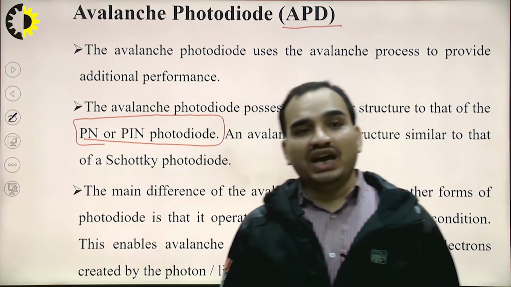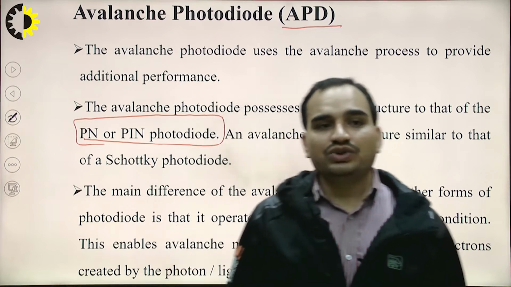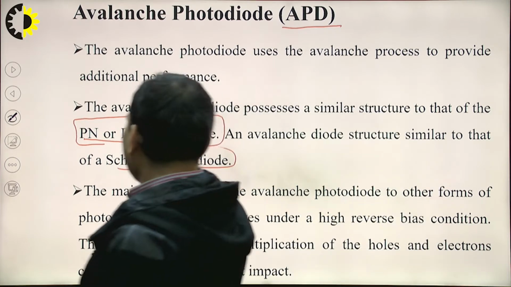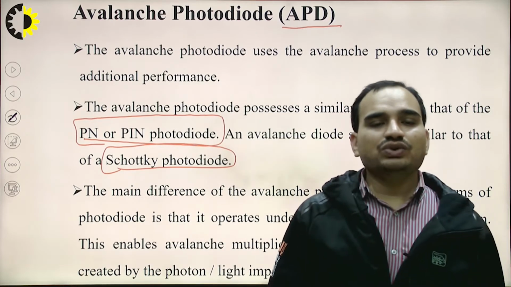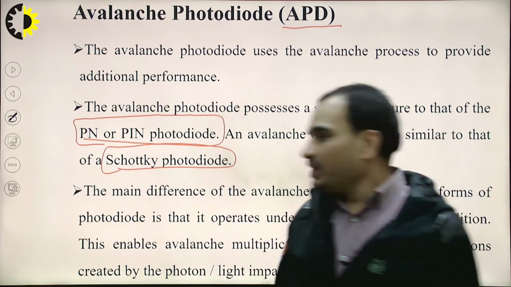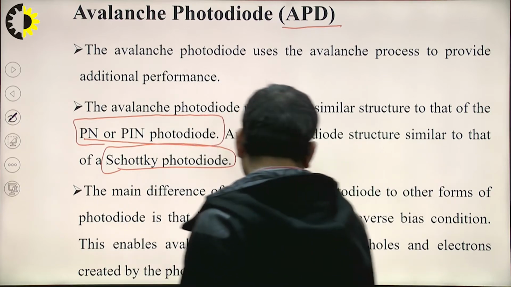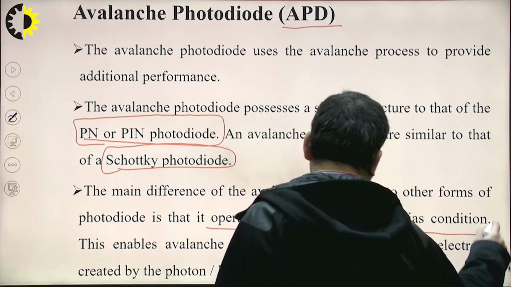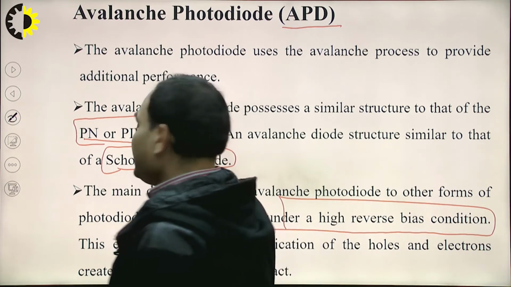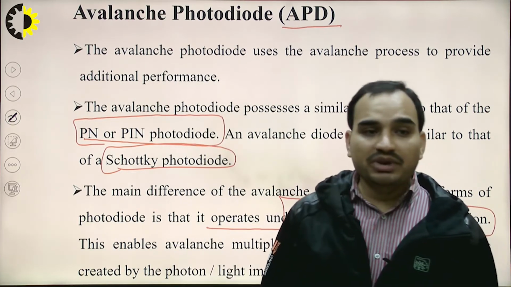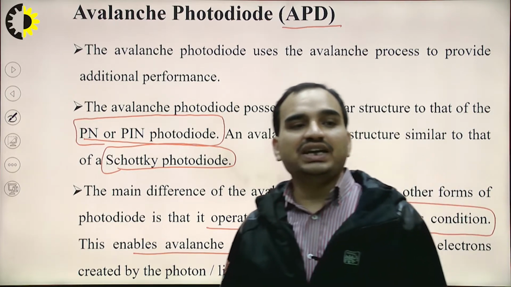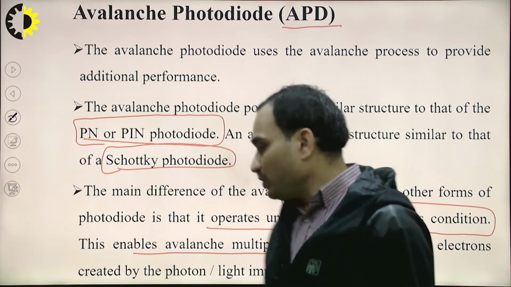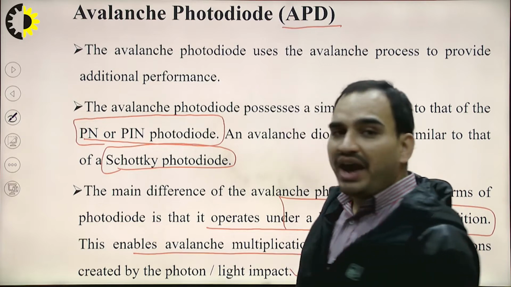The main difference from other forms of photodiode is that it operates under a high reverse bias condition, and this enables avalanche multiplication of the holes and electrons created by the photons or light impact.